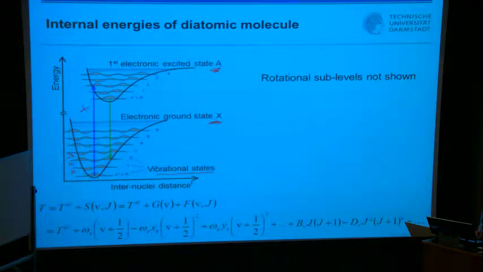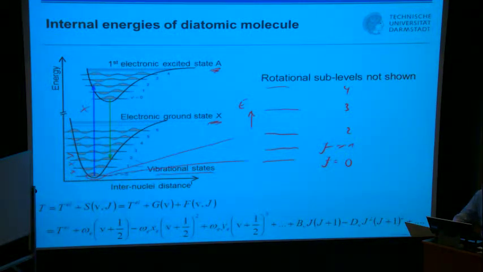Each of these states also has a rotational substructure, where you have, with the energy again in the vertical direction, different quantum numbers for the rotation. There are also discrete values, and they are nonlinearly increasing with the J number, which is given here between 0 and 4. Of course, they go up to infinity.